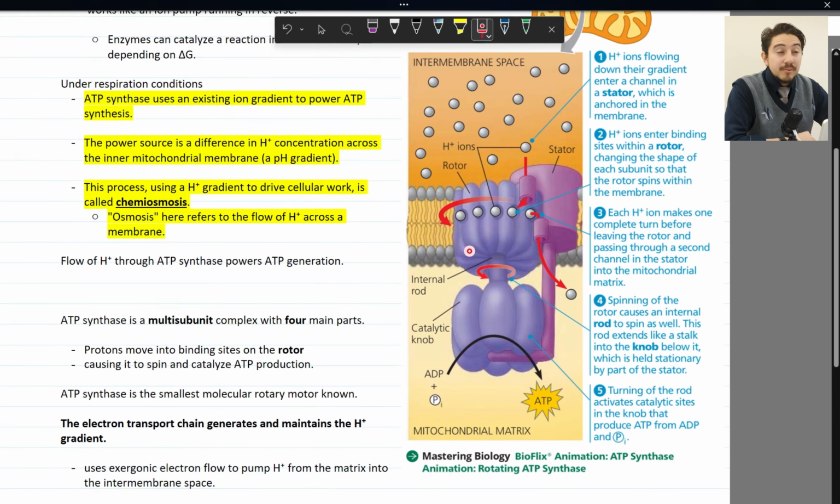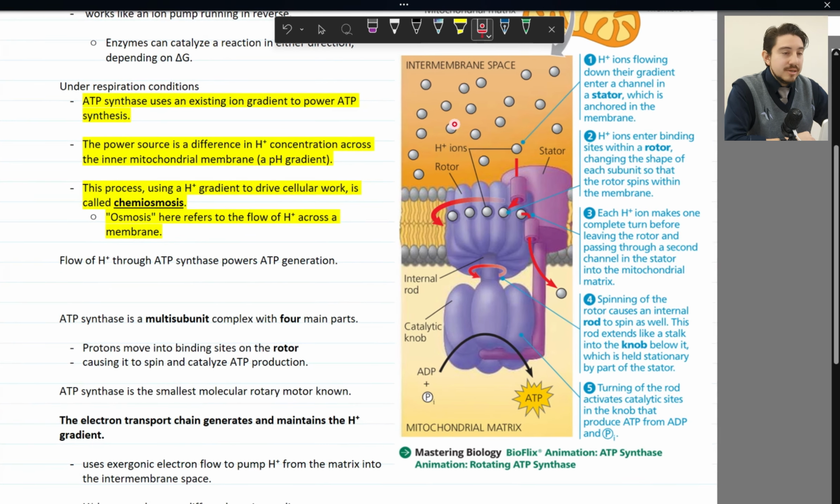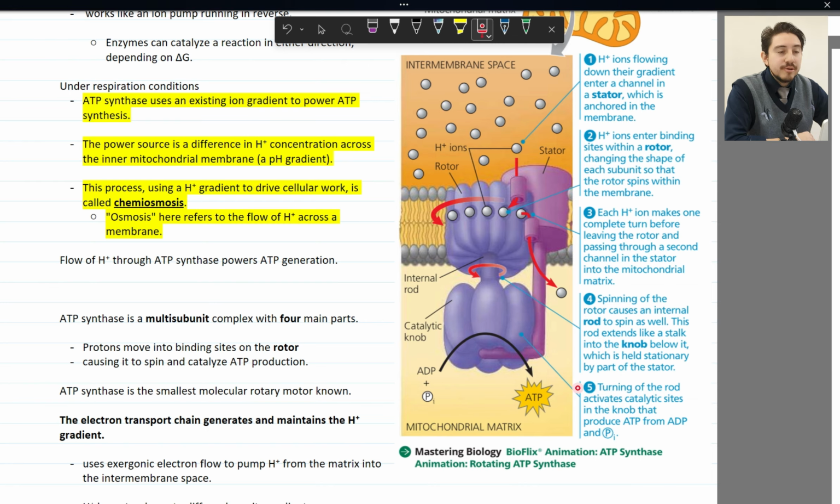Now, AP students probably don't need to know this level of detail. Undergraduates probably do. So I'm just going to go over this and read this through for you so we can see it together. So how this actually works: you have this gradient. Hydrogen ions enter, flowing down their gradient, through a little channel in the stator that you can see here.